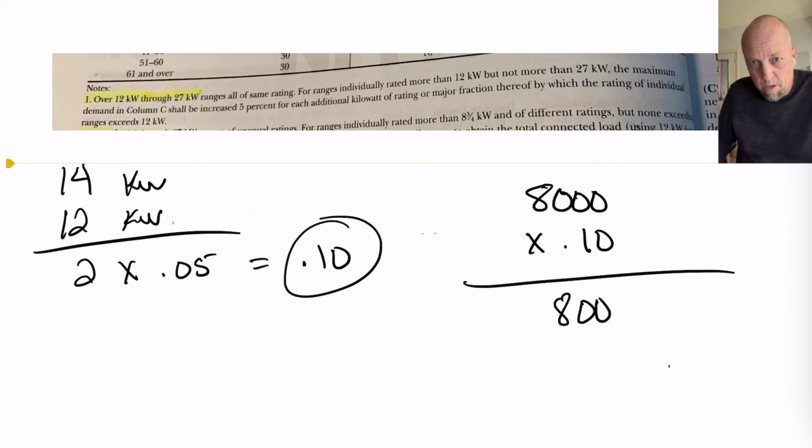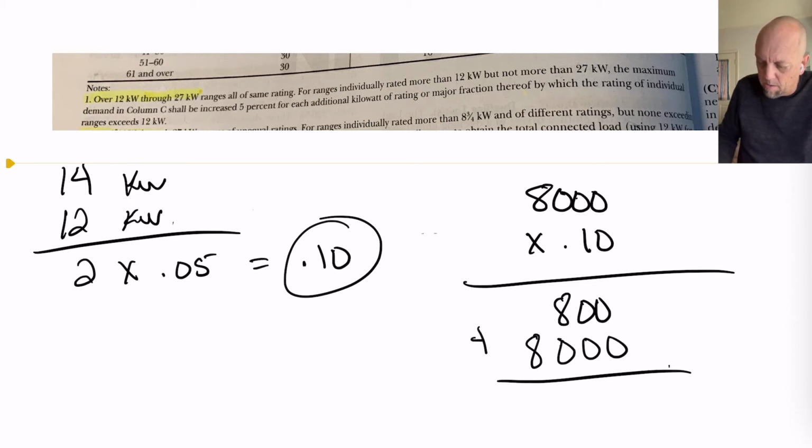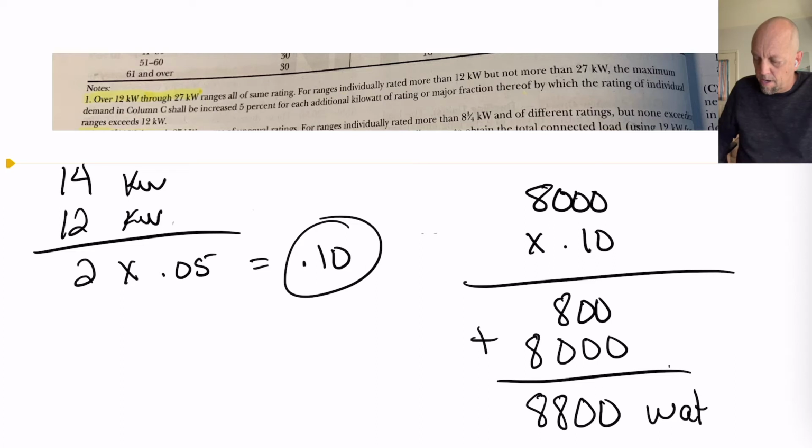Don't stop there. Think about this. If a 12 kW range is 8,000, a 14 kW range has got to be greater than 8,000. So if you see 800, keep going. Now we have to add it back to the 8,000. That's an addition. And now you have a range that is 8,800 watts.